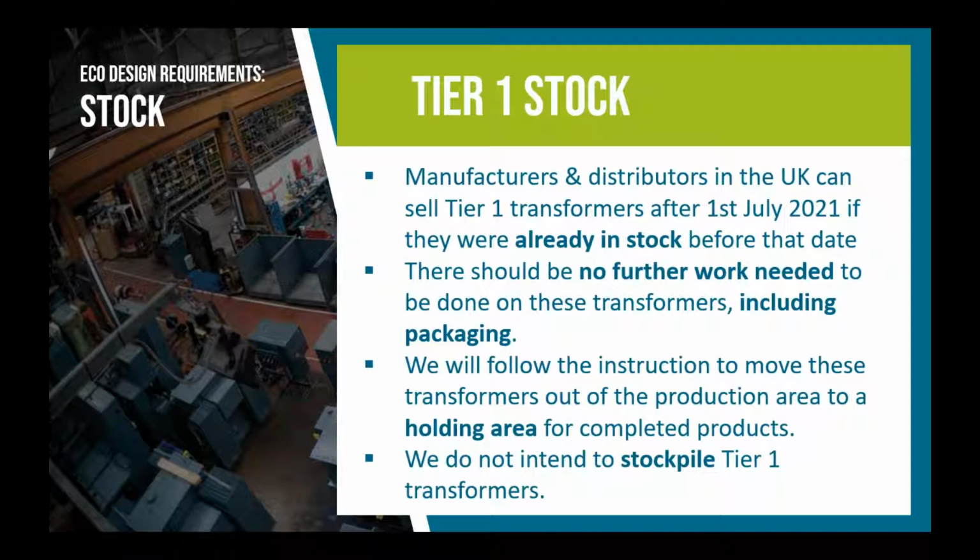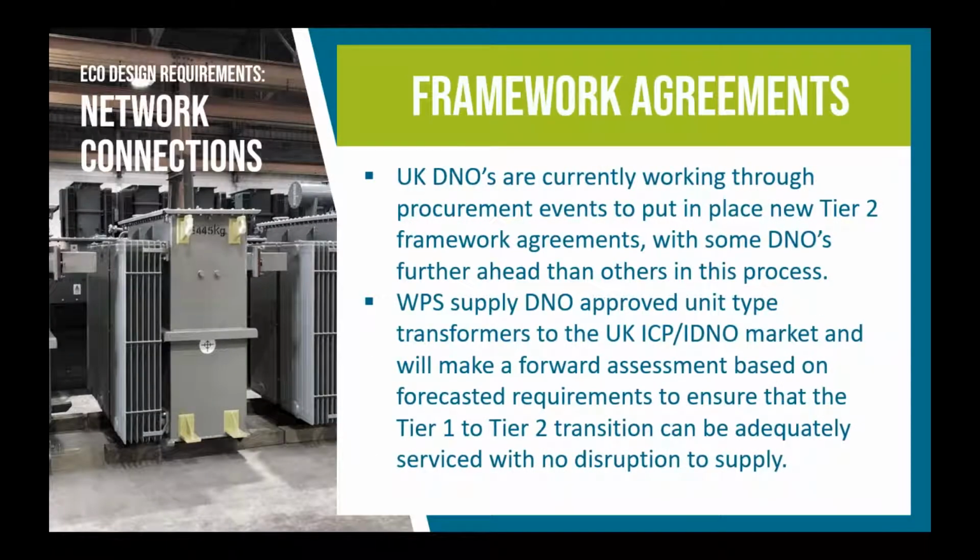But now talking about some framework agreements, which get mentioned a lot in network connection cases, mostly. So transformers are usually purchased under framework agreements. In this context, purchase refers to the act of contracting with the manufacturer for the delivery of a given volume of products.